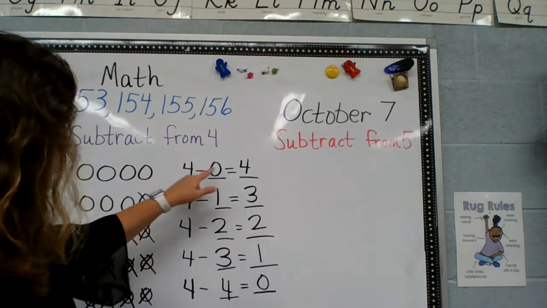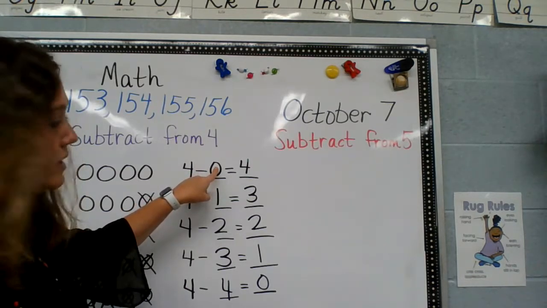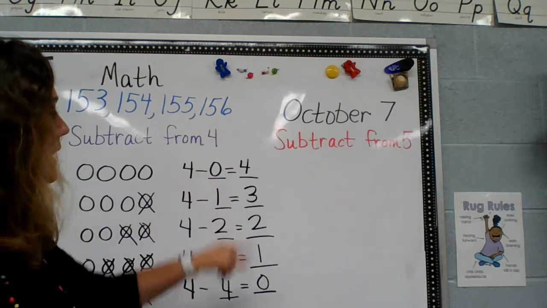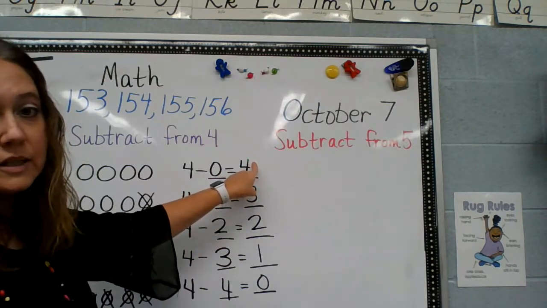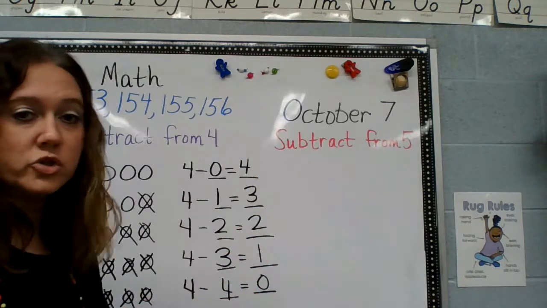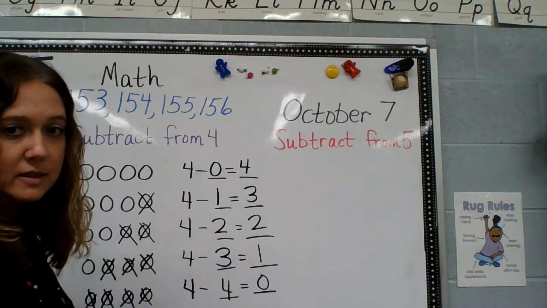And so as the number we crossed off gets bigger, the number that we're left at the end gets smaller. The answers to a subtraction problem are called the difference.